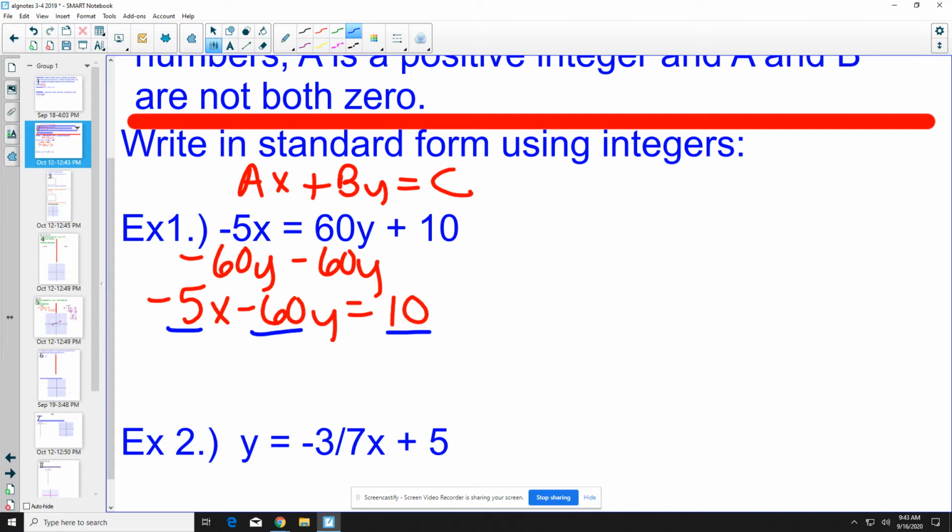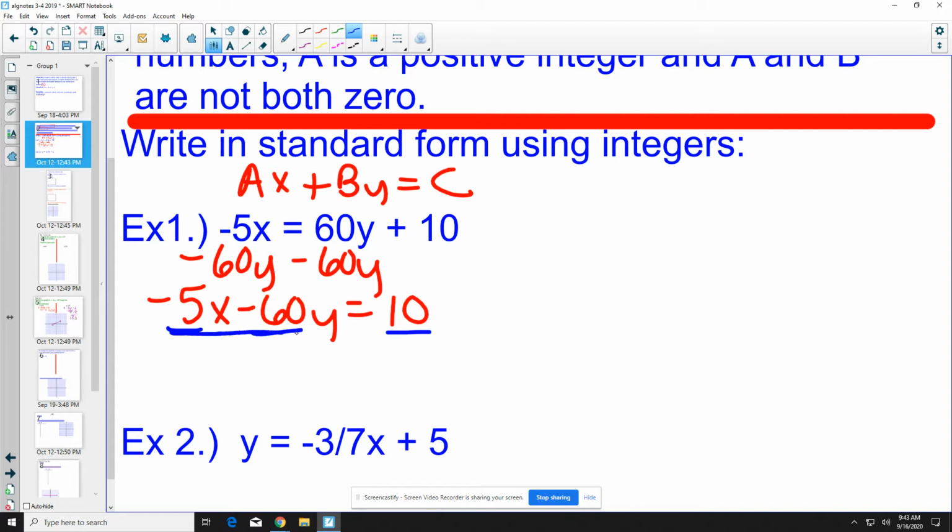I'm noticing that 5 goes into 5, and 5 goes into 60, and 5 goes into 10. They can't have a common factor. So I'm going to divide by a negative 5 because I want my coefficient for x to be positive, plus I don't want negative 5, negative 60, and 10 to have a common factor of 5.